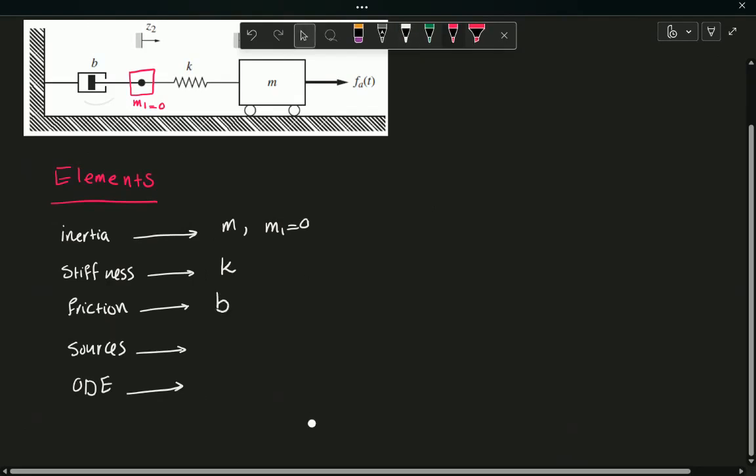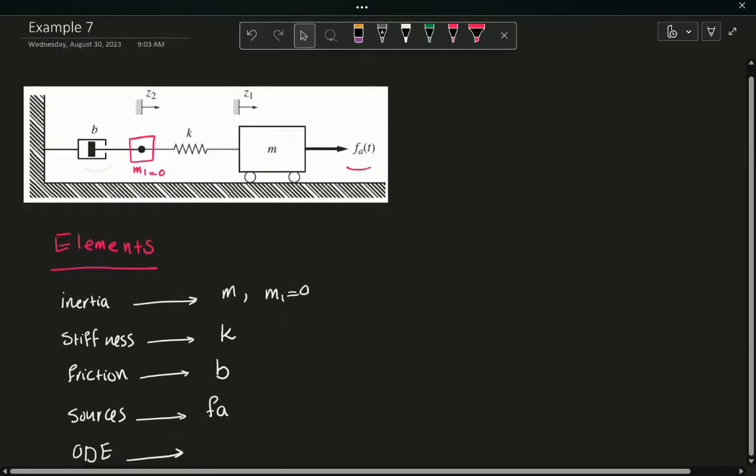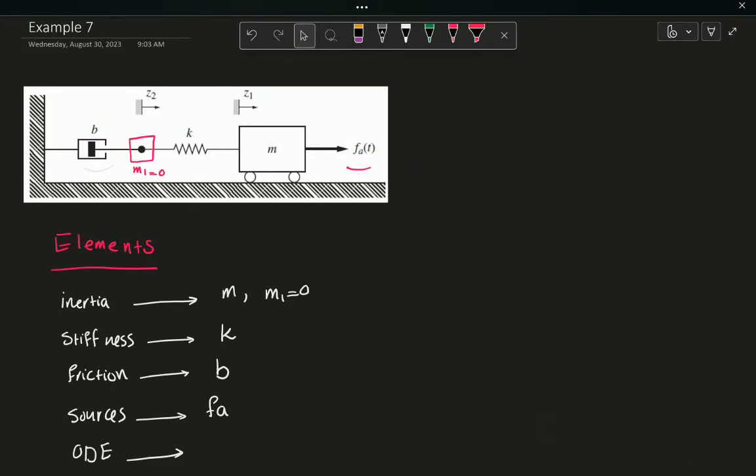The only source that I have for this system is the external force, Fa, as a function of time. And for the number of ODEs, if I wanted to go with the same direction that I had before, and say that I only have one mass in this system, I would end up with only one ODE.